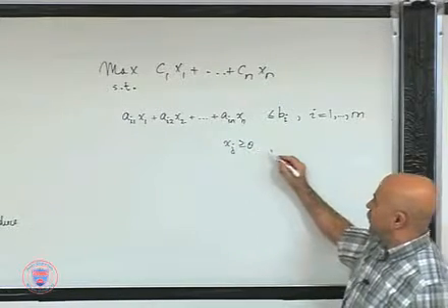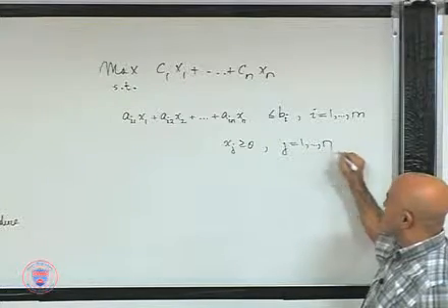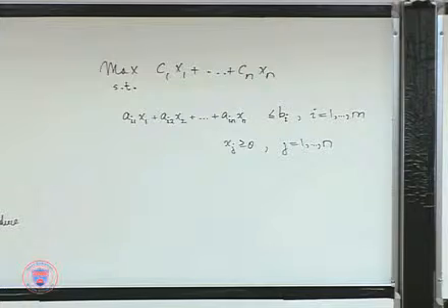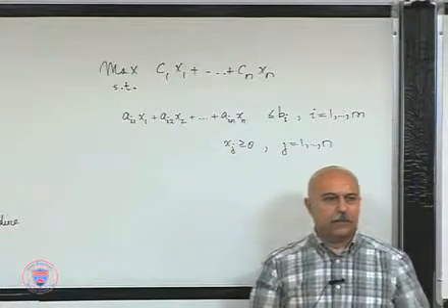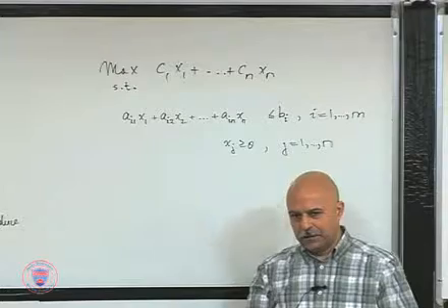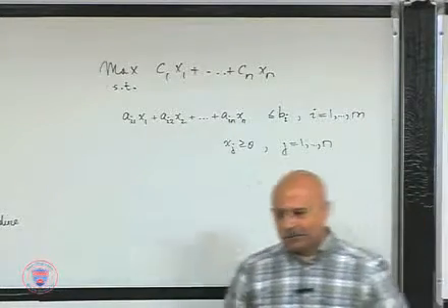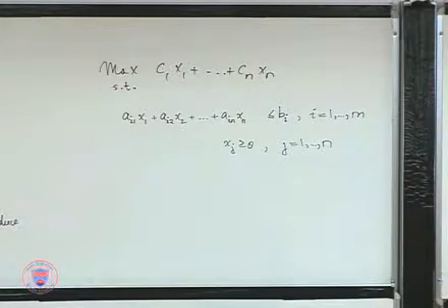Then finally, we've got the non-negativity. That's a typical production planning problem in its simple core structure. Of course, when you do such production plans, there may be many other factors that you may have to consider, but we're not doing that here. Okay? So don't think that problems come as easy as they look here.